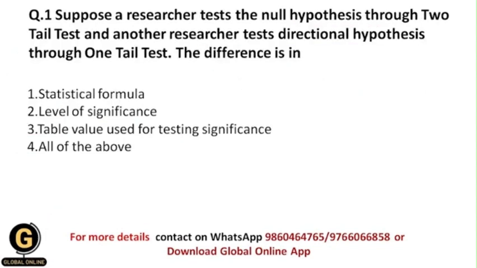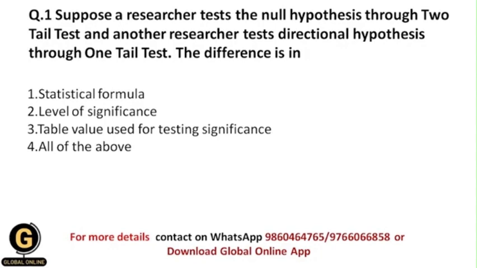Question 1 is, suppose a researcher tests the null hypothesis through a two-tailed test and another researcher tests a directional hypothesis through a one-tailed test, the difference is in. So basically in this question they have asked us exactly what is the difference between a two-tailed test and a one-tailed test in regard to the testing part of the null hypothesis and directional hypothesis respectively.